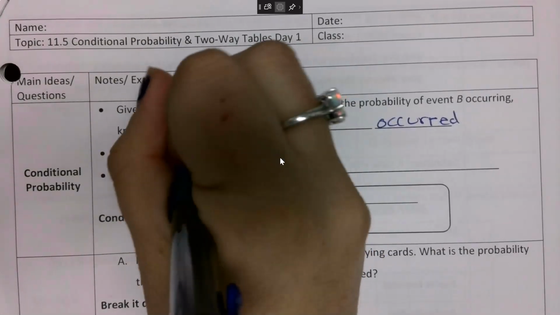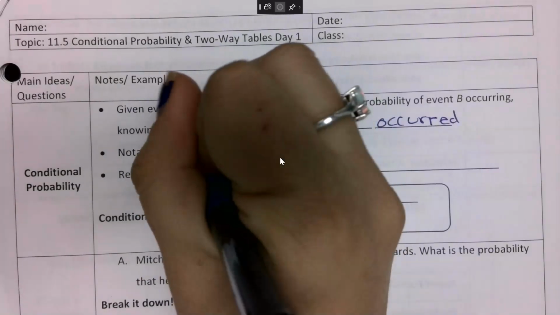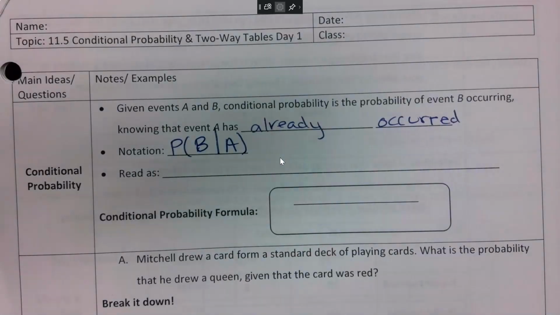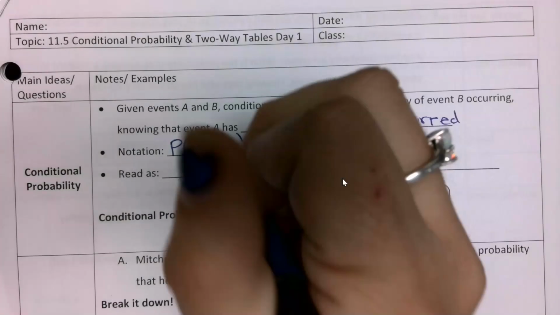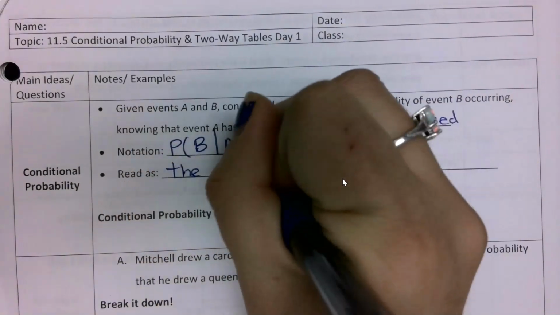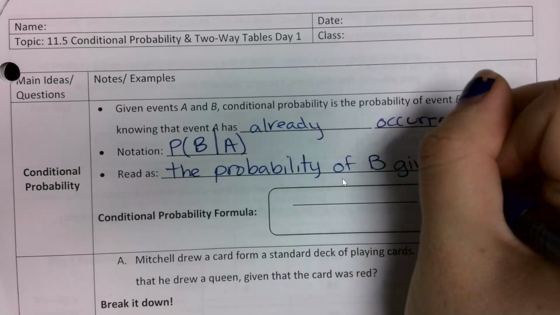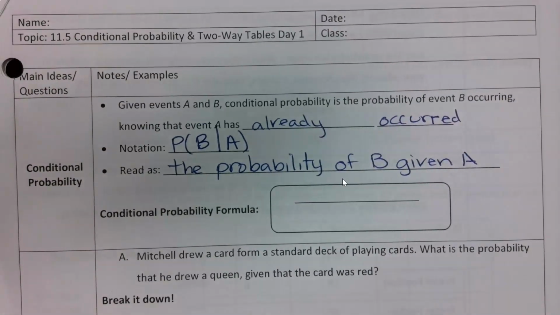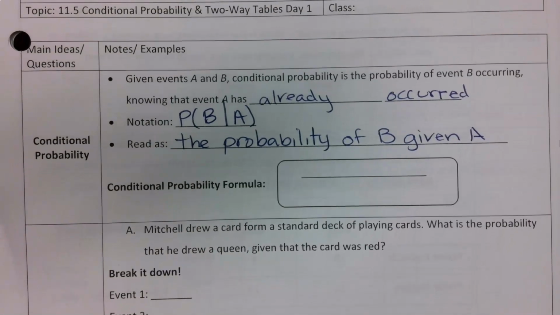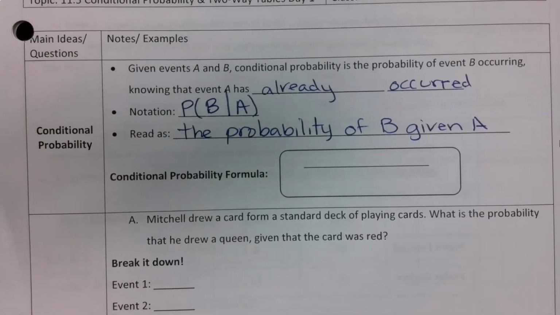My notation is P for probability, then the parentheses, B, this line, and then A. This is read as the probability of B given A. So I have my conditional probability formula.